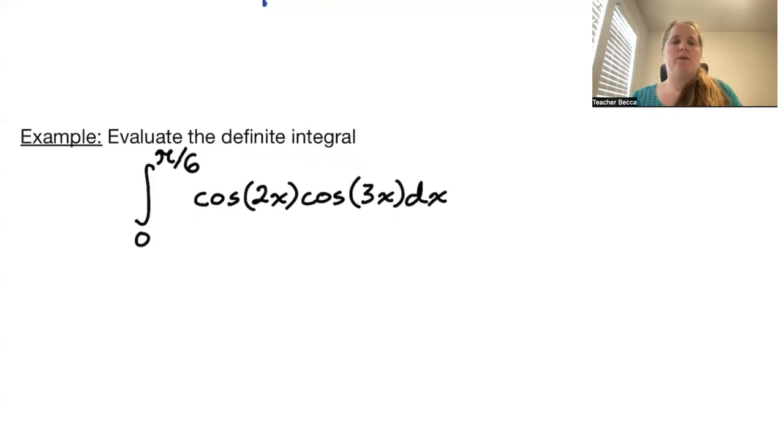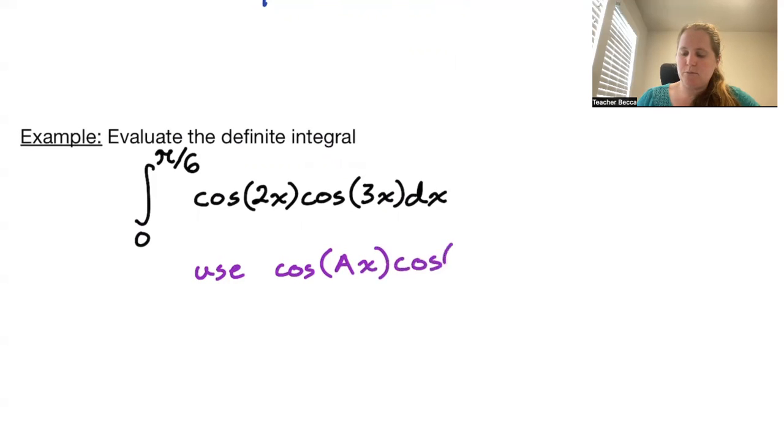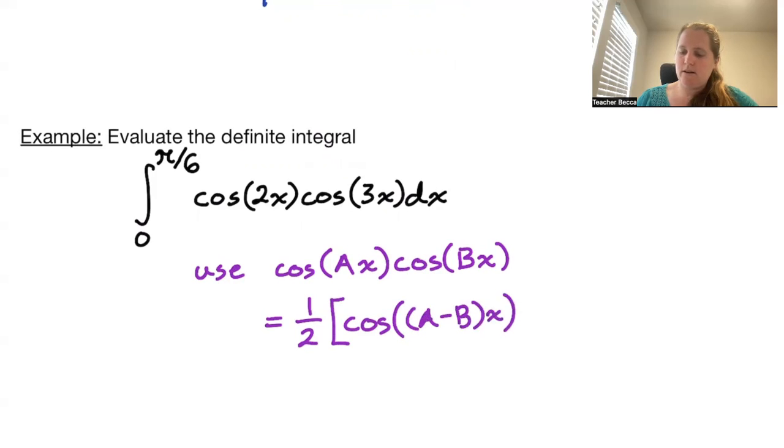Now let's go ahead and do another example. This time around, we're going to evaluate a definite integral. We have a cosine times cosine situation here. So we are going to use the fact that cosine of ax times cosine of bx is equal to 1/2 times, in brackets, cosine of (a minus b)x plus cosine of (a plus b)x.